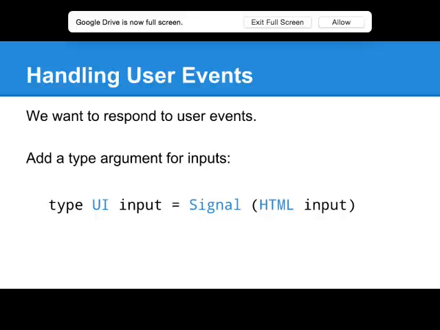So the first step is to just add a type argument. We're going to create a type that represents all the inputs we want the user to be able to initiate from the UI. We're going to put that in this type argument called input. So a UI with that particular type of input is a signal of HTML documents that contain these inputs in some sense. So we're going to parameterize the HTML type by some type argument of inputs.